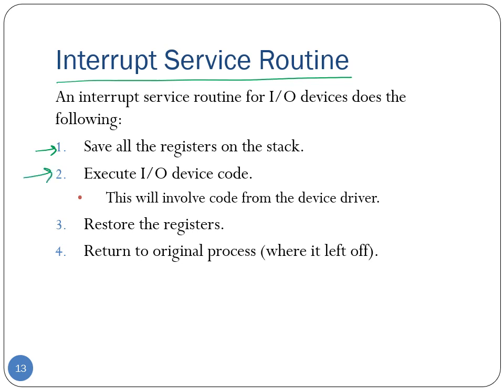Next, it will execute the IO device code, which will include code from the device driver. Once the interrupt has been handled, the interrupt service routine will restore the state of registers so that the originally executing process can be resumed, and finally we return to the execution of the original process wherever it left off.